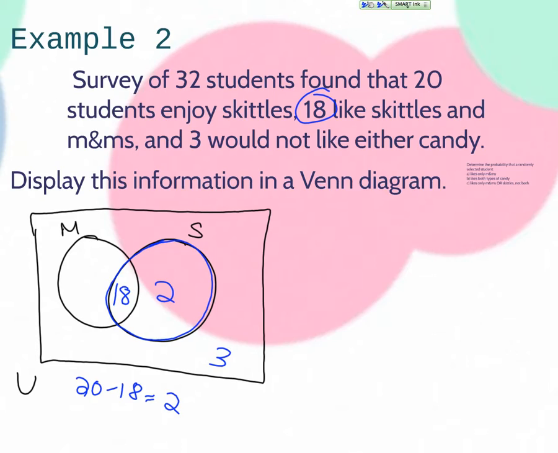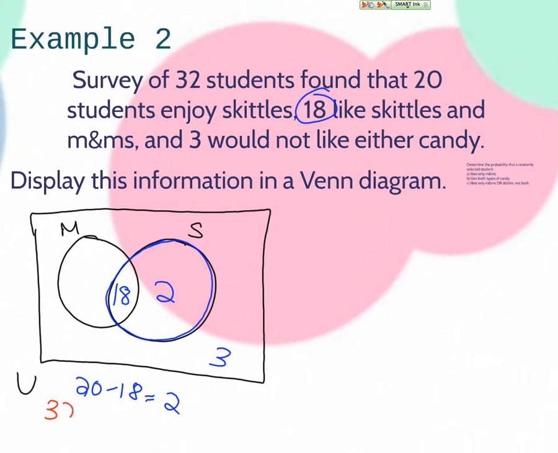So how many students only like M&Ms? How did you guys get 9? What was that? That's all that's left. So to further explain what Michael said, there's 32 kids in here.